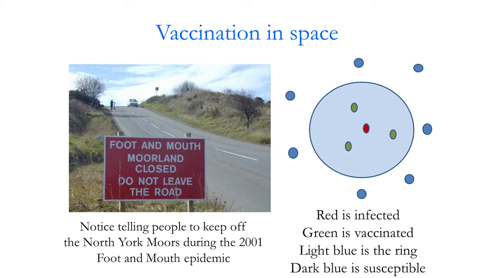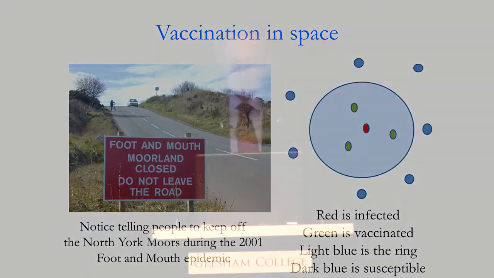You're going to vaccinate everybody green within a certain range, the light blue circle, in order to protect the susceptibles, which are the darkish blue outside. The barrier or the ring around the infected individual or the infected farm has to be chosen quite carefully, and various mathematical models and computer simulations are used in order to do that.